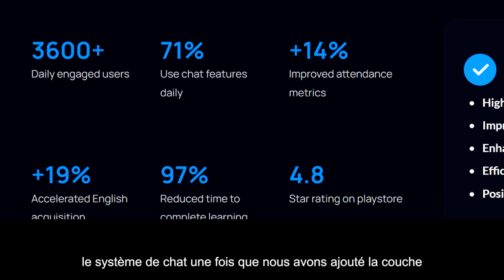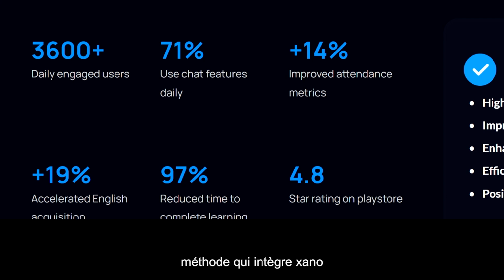The chat system, once we started using the method that incorporates Xano, OpenAI, and Stream Chat as well, we have about 71% of our active user base that uses the chat daily. Our attendance metrics have increased, even though the rate of enrollment has stayed the same.